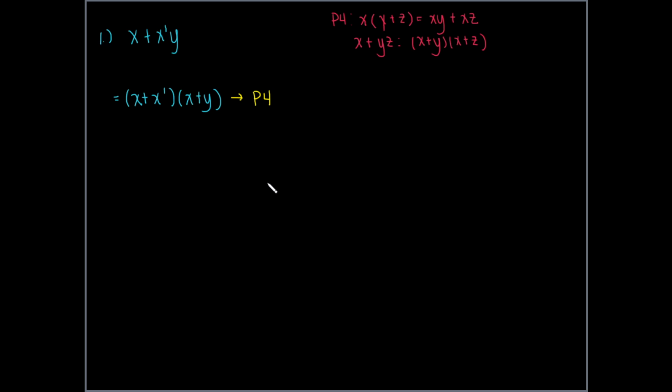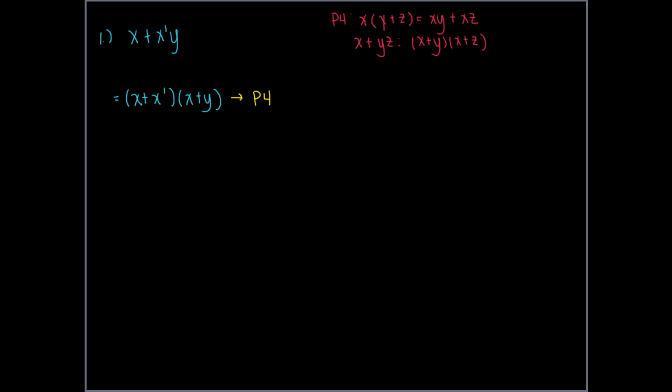Next. What about the next one? So if you look at this current function, x or x prime and x or y, I hope that reminds you of another postulate when you look at the first group. So the first group here, you have an x or x prime.